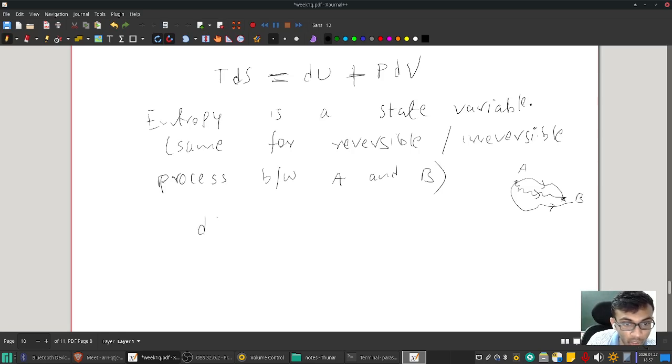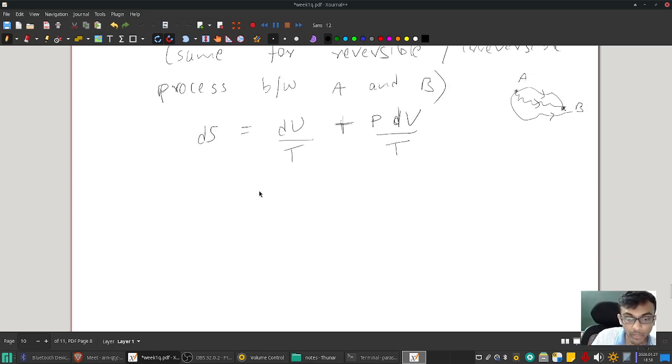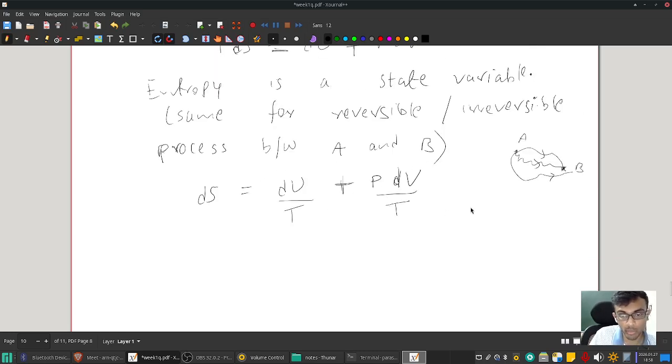Okay, anyway, so now we can just make use of this equation. Make use of the first law written in this form. So this equation is general.